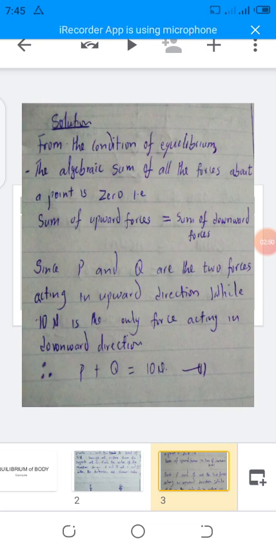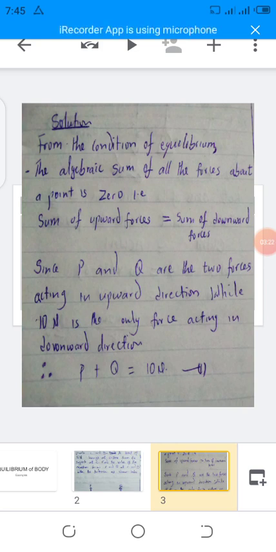From the condition of equilibrium, the first condition that was given to you when I was taking the class: the algebraic sum of all the forces about a point must be equal to 0. That is, the sum of the forces acting in the upward direction, I'm talking about the forces P and Q, they are the only ones acting in the upward direction, must be equal to the sum of the forces acting downward.